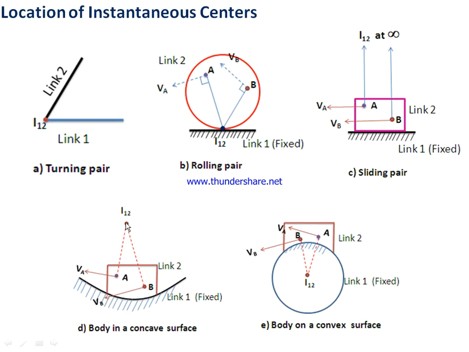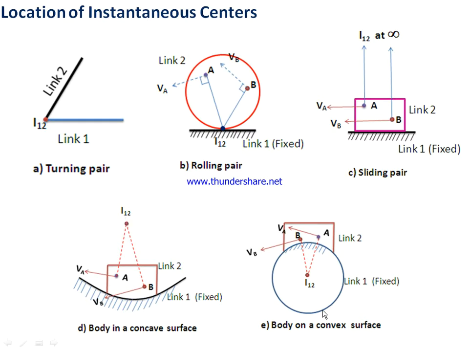They will intersect at this point, which is the instantaneous center of rotation of link 2 with respect to link 1. That is how, whenever a body moves inside a concave surface, the instantaneous center of rotation is identified.